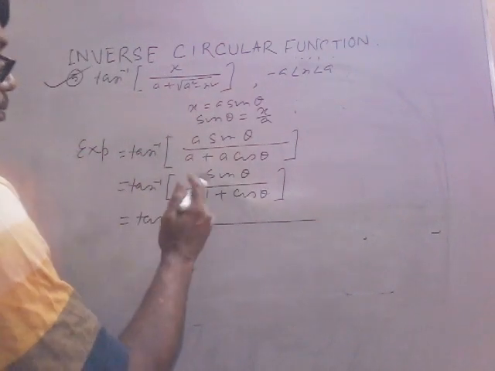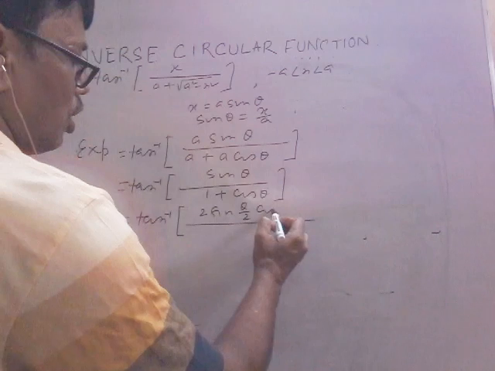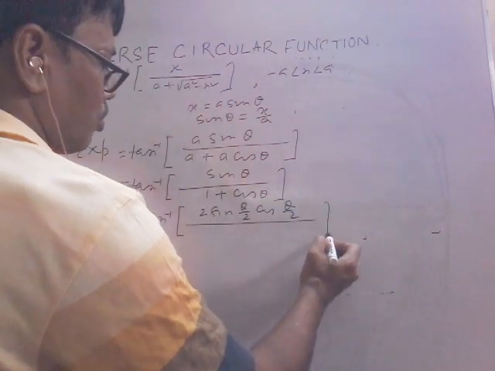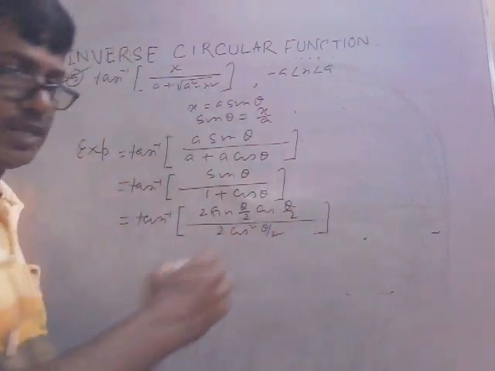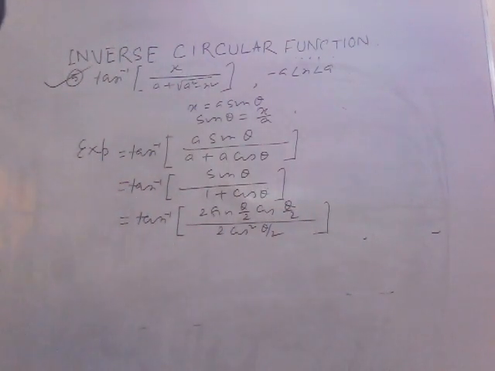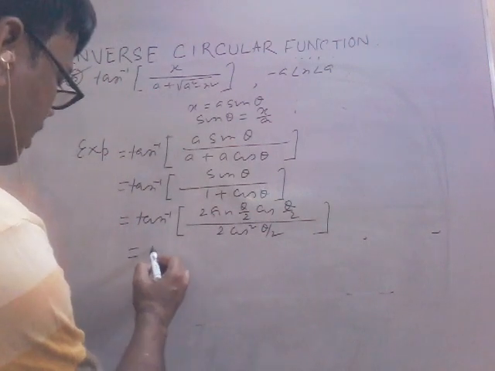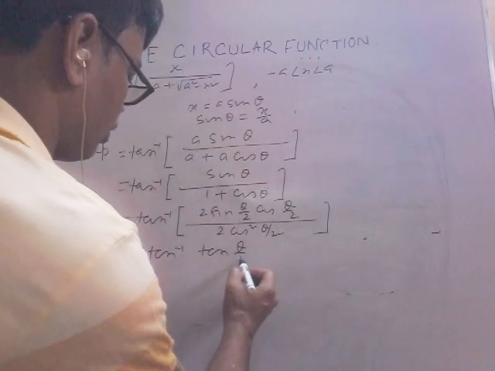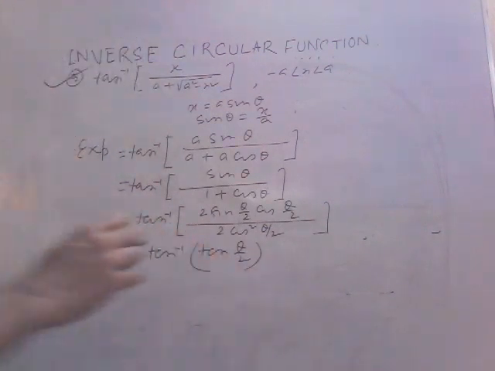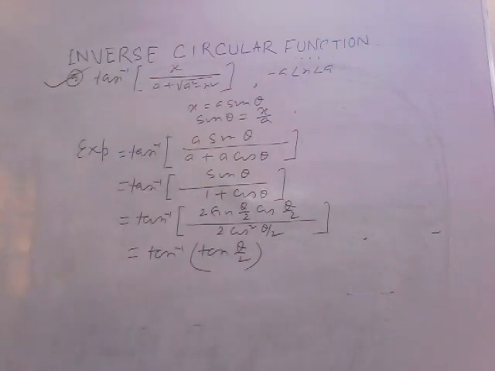Express it in terms of tan: 2 sin theta by 2 cos theta by 2 over 2 cos square theta by 2. So finally what you are getting is tan inverse tan theta by 2. So what is the value? Theta by 2, if theta by 2 belongs to principal value.